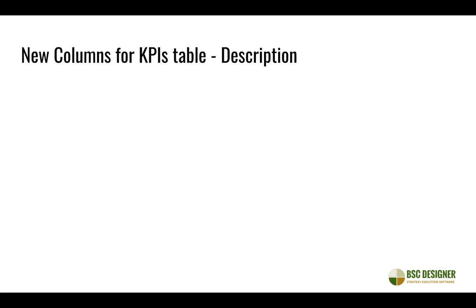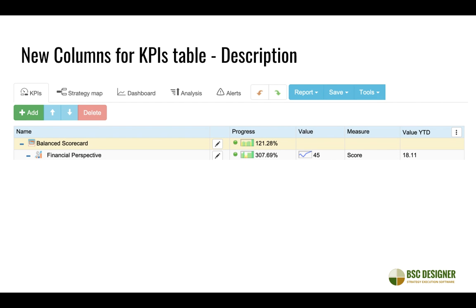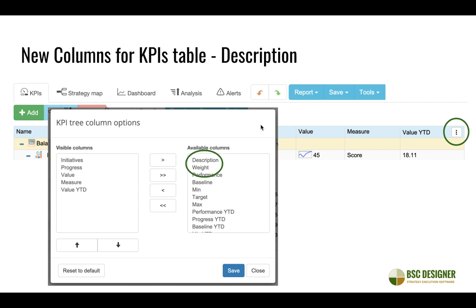The next improvement that we did this month is about the KPI table. As you know, you have it here on the KPIs tab, and you have some columns here. Recently we added this button so that you can customize the columns that you see on your screen. This month we have added an additional column, which is description, that will show the description of the KPI next to the KPI.